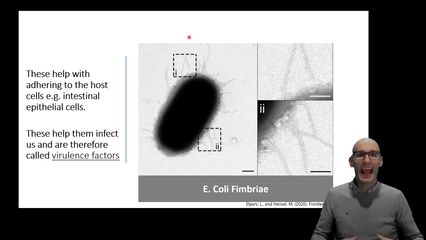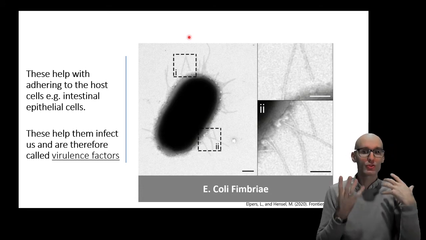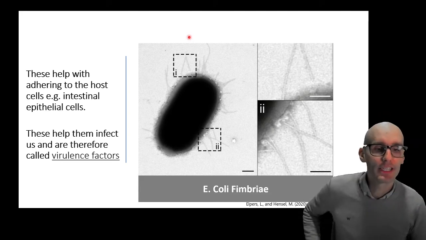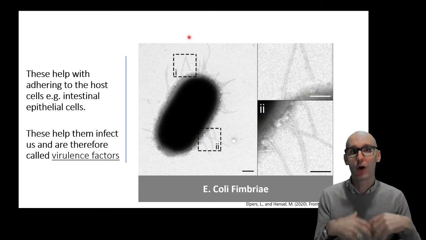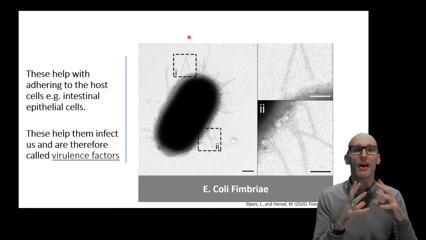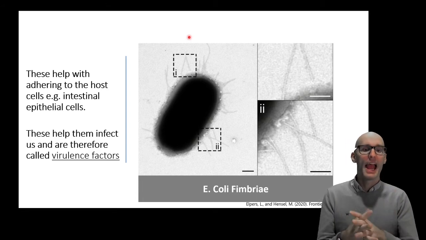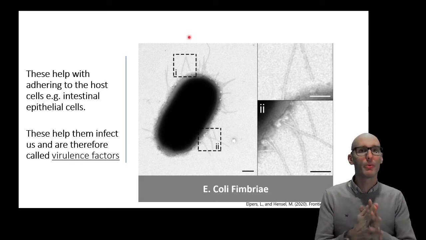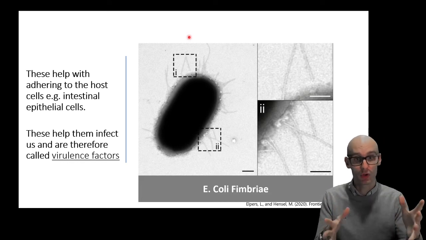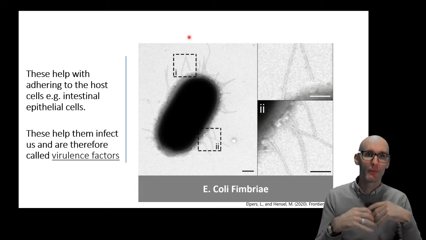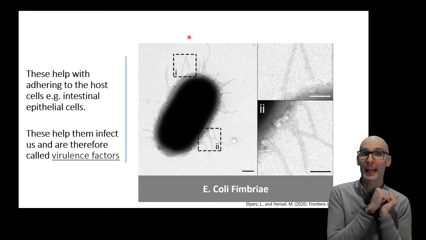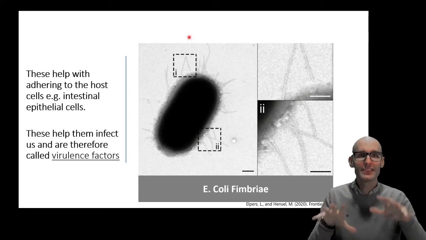Now, because it helps with infection, we have a special term for it, and that's a virulence factor. If there is something about a pathogen that can help it infect you, it's called a virulence factor. And that's really important because, for example, we sometimes mutate E. coli to remove these Fimbriae. And if we take the gene for the Fimbriae out of the E. coli, we really drop its virulence.